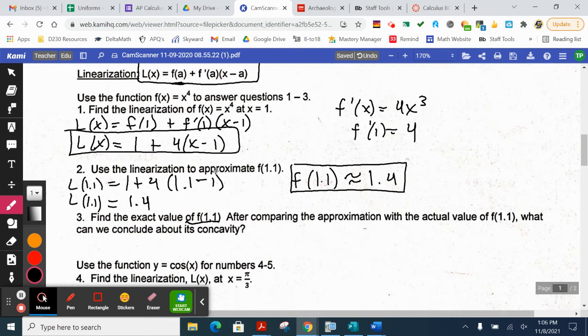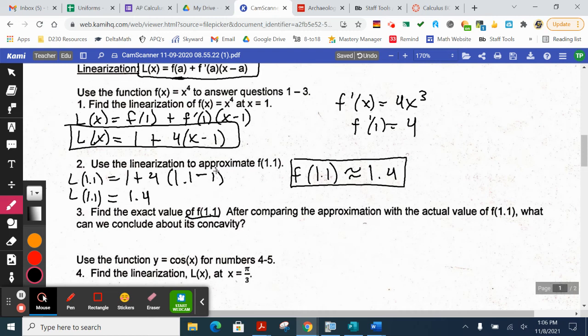All right, so do that. Find f of 1.1. And then see if it's bigger or smaller, and then based upon that, are we concave up or concave down? Oh yeah, we might need a calculator for that one.